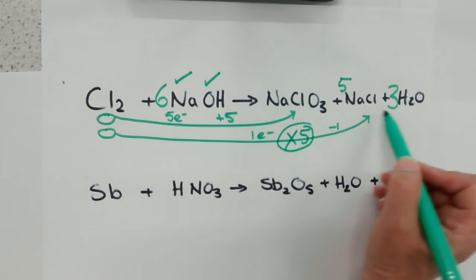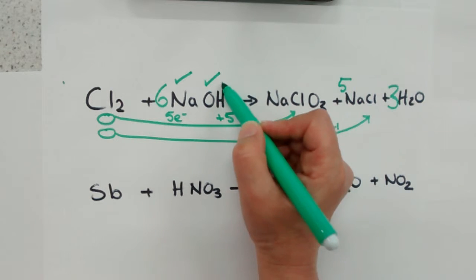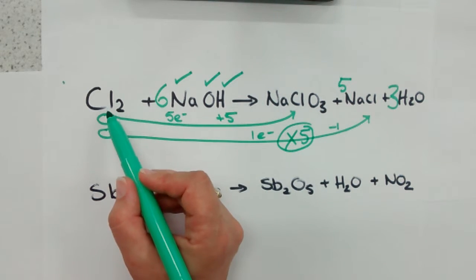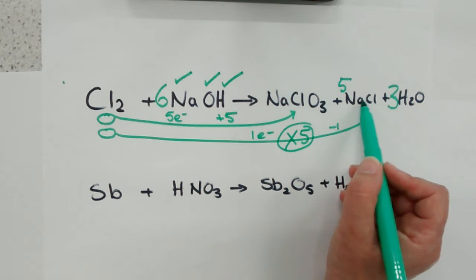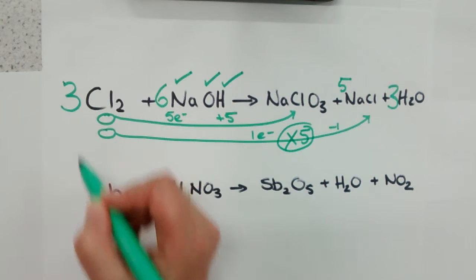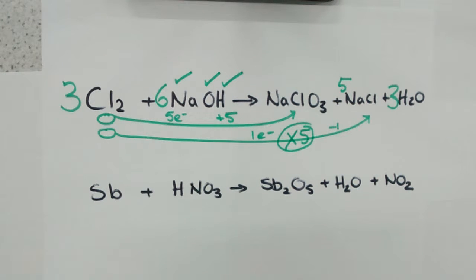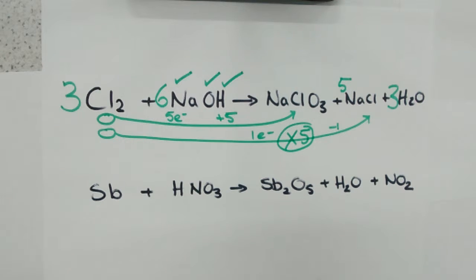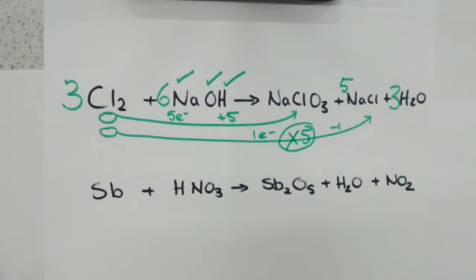I need 6 hydrogens, I've got 6 hydrogens, my hydrogens are okay. The only thing I've not double checked is chlorine, and I've got 5 there and 1 there, so I need 6, so I need a big 3 in front of there overall. So fairly quickly, provided we can see what's going on with oxidation numbers, we can get to a balanced equation with that one. The one below is similar.